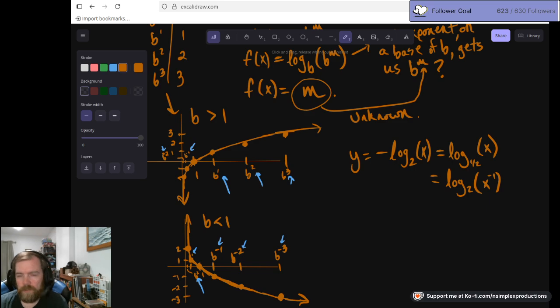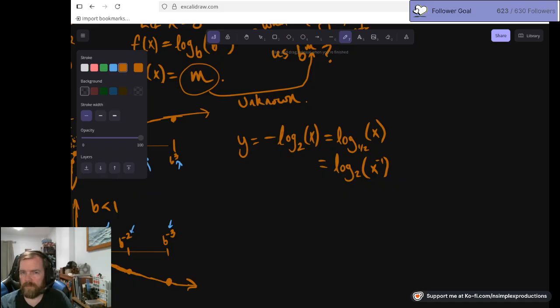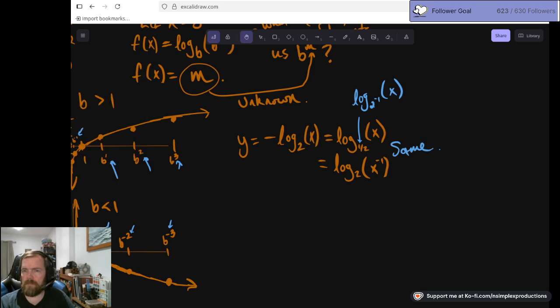We're going to allow the base to have a multiplicative inverse, or we can have the inputs have a multiplicative inverse. These are all the same as each other. So, pretty cool stuff.